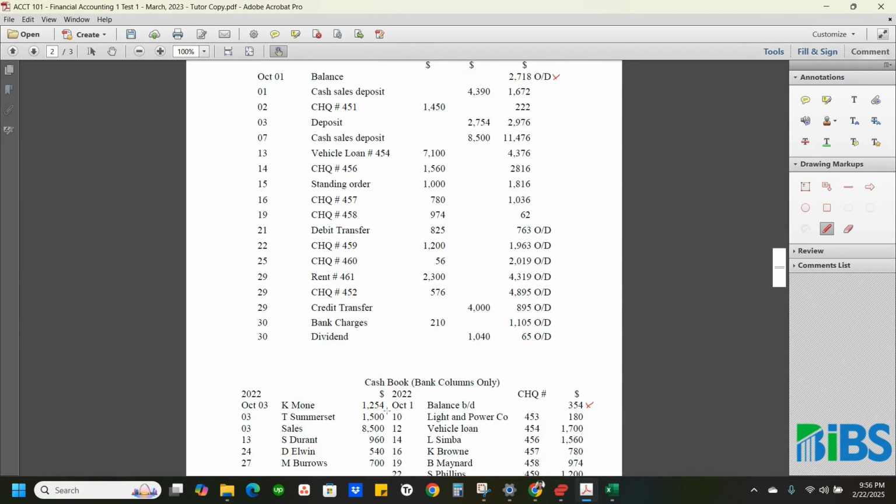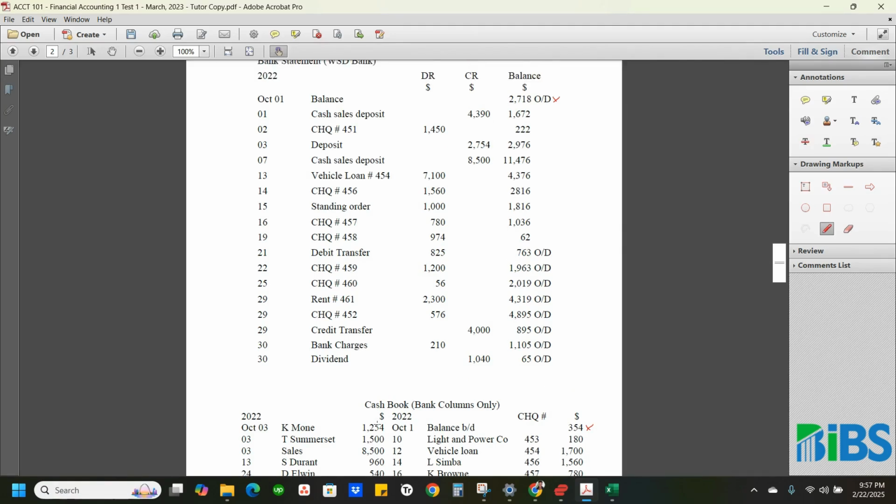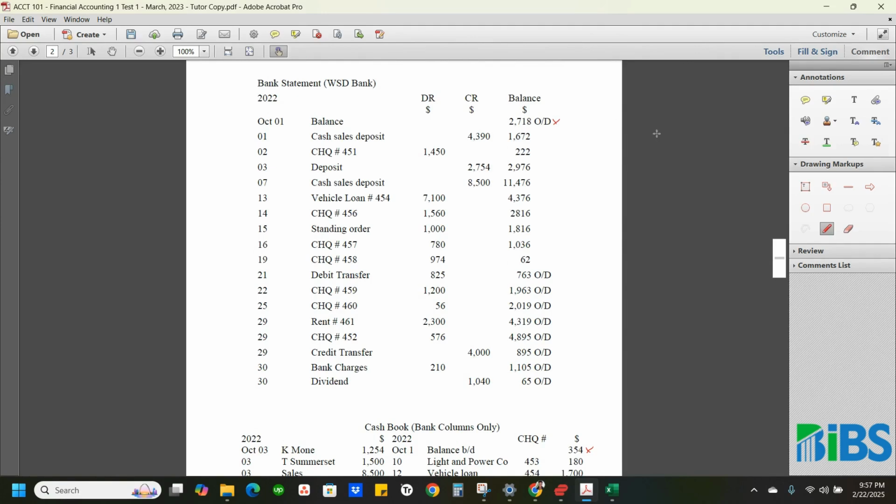So let's check our cash book for that amount. We do not see that amount anywhere in our cash book, and we don't see any numbers totaling that amount either. So for that reason, we can assume that this is an amount that should be included in our opening reconciliation, right?